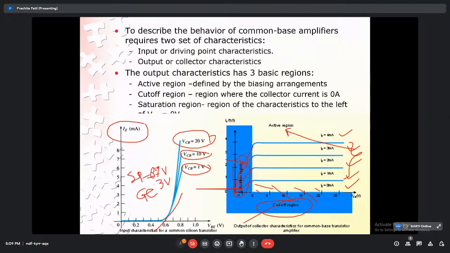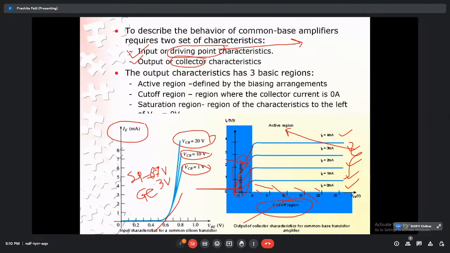So to describe the behavior of a common base amplifier requires two sets of characteristics. As I have mentioned, the input, we call it the driving point characteristics, and the output, the collector characteristics. This is most important for you in view of competitive examinations. Input characteristics are also called driving point characteristics, and the output characteristics are also called, here we can see, the collector characteristics.